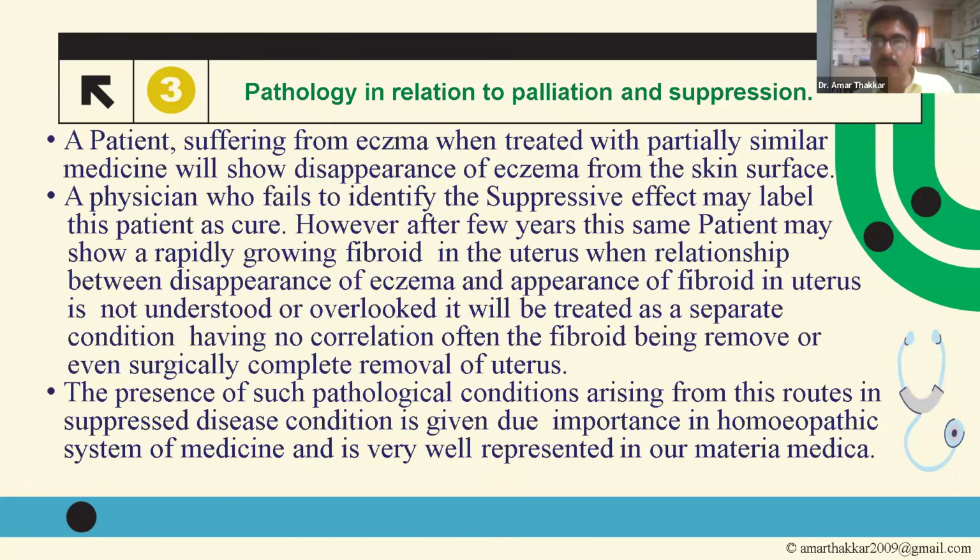Now, this is an example of a case of eczema which is partially treated with a partially similar medicine. So there will be disappearance of eczema from the skin surface. But this disappearance is actually a suppressive effect, which has resulted in the formation of a fibroid in the uterus. Now, this correlation between disappearance of eczema and fibroid is not understood in other systems of medicine.